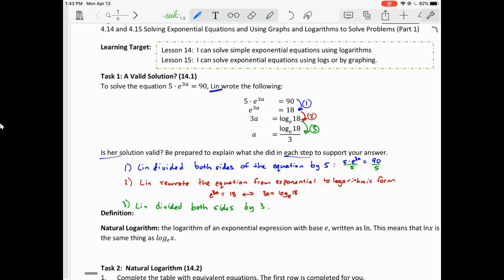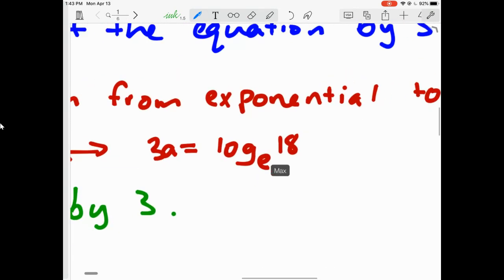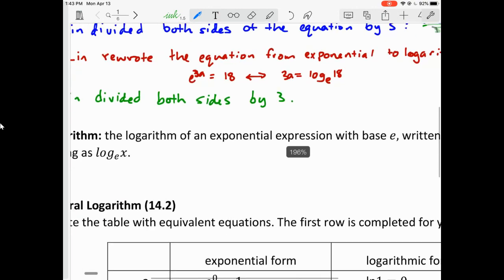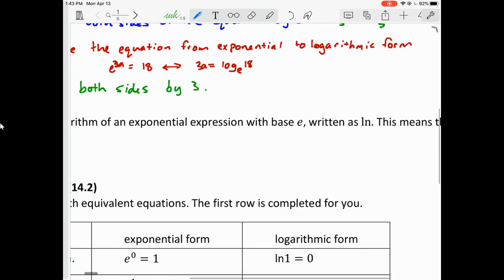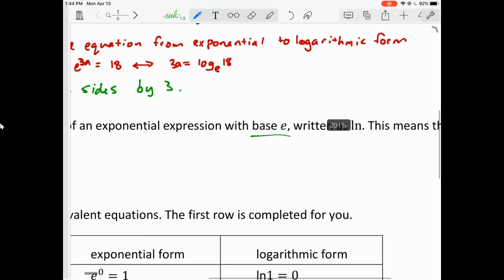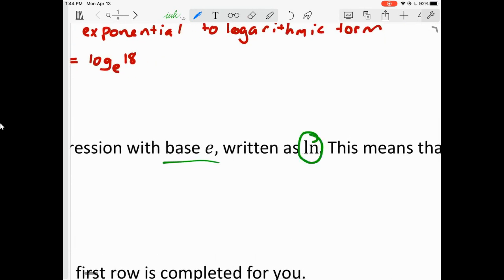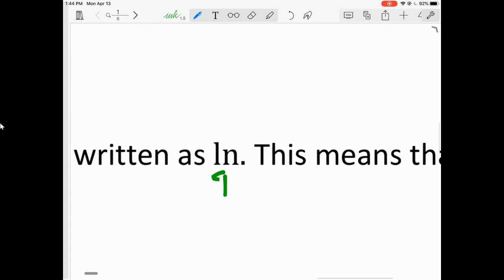So that brings us to a new definition. What we have here, this logarithm to the base e, that's kind of a weird expression. We just learned about this number e, but when we have a logarithm of it, we have special notation. We call this the natural logarithm, because e corresponded to natural growth. So the logarithm of an exponential expression with base e we'll write as ln. So this is natural log.